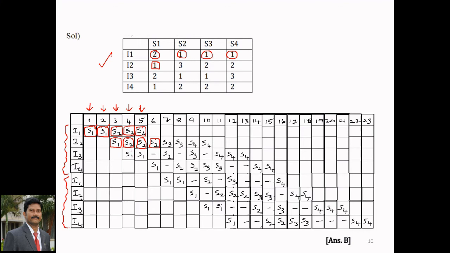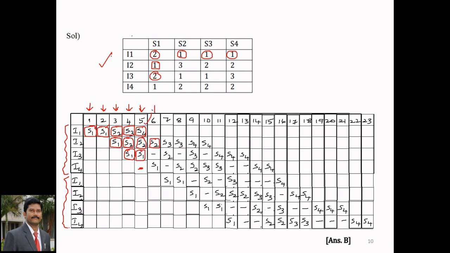Here at clock cycle 4, I3 enters S1 because it is free. It takes 2 clock cycles, so S1 and S1. I4 will not enter S1 because it is busy, so it is stalled here. Now at clock cycle 5, I1 is completed.